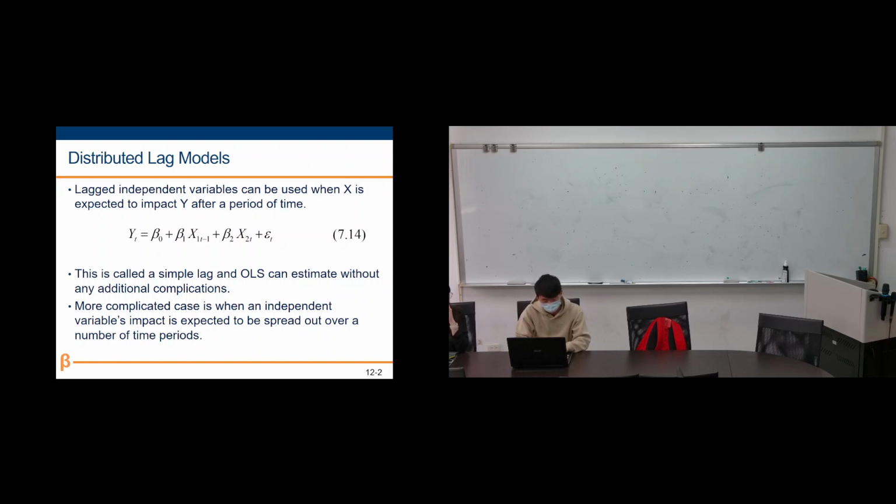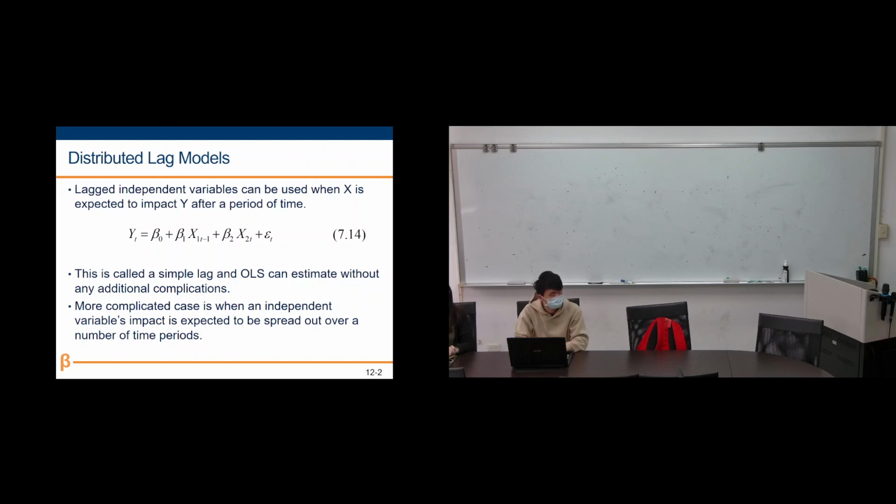But now, with time series data models like this one, this is called a distributed lag model. It means lagged independent variables can be used when X is expected to impact Y after a period of time. So this is called a simple lag.